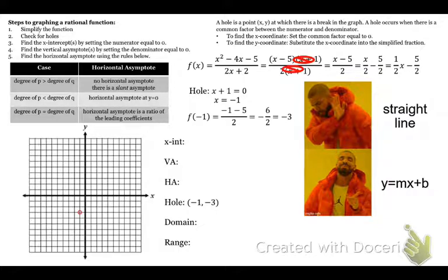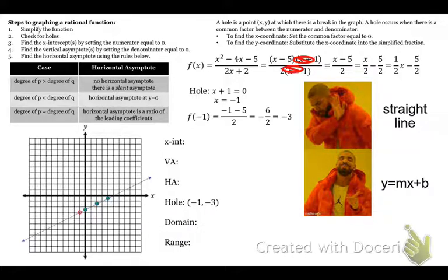So that means our slope is 1/2, our y-intercept is negative 5/2. So I can just graph that, go down 5/2, and then go up 1 over 2, up 1 over 2, and there is that line.